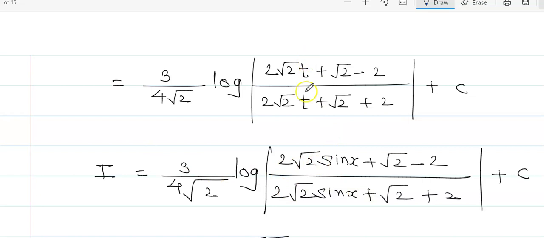Resubstitute the value of t, which is sin x. Therefore, I is equals to 3 upon 4 root 2 log of 2 root 2 sin x plus root 2 minus 2 upon 2 root 2 sin x plus root 2 plus 2 plus c. And this is the final answer.